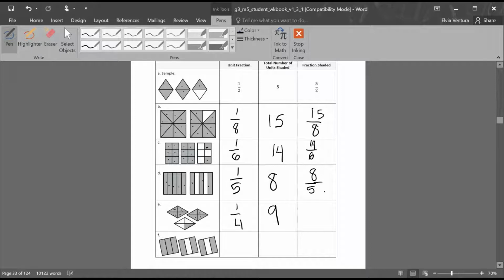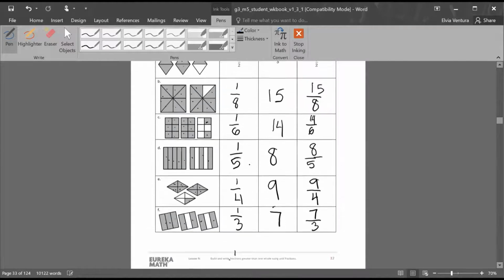And then the fraction shaded is 9/4. And the last one we have 1, 2, 3. So that's 1/3. And then total number of units shaded, we have 3, 4, 5, 6, 7. So we have 7. And then our fraction shaded is going to be 7/3.